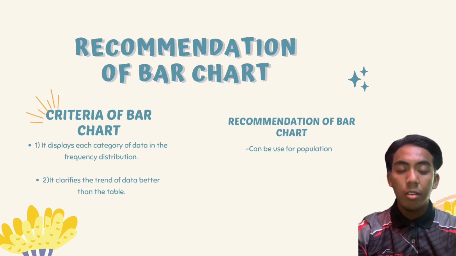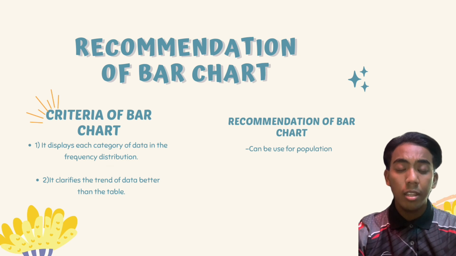Second, it clarifies the trend of data better than the table. I recommend this for population. This is because it is more clear than table. This bar chart is more suitable for population.